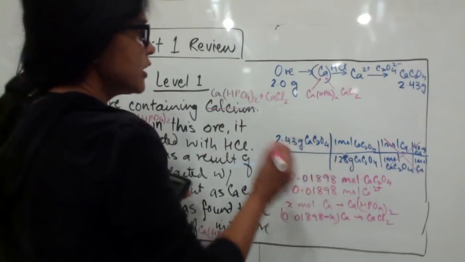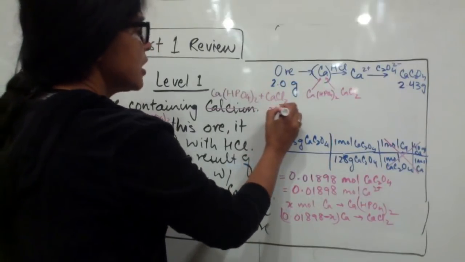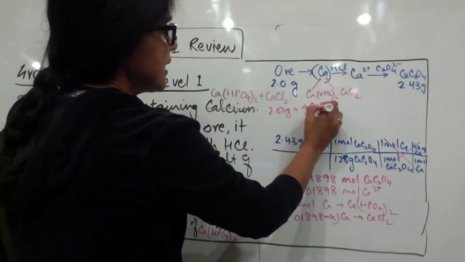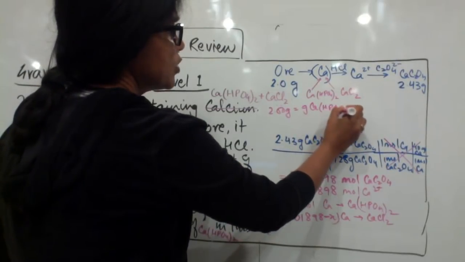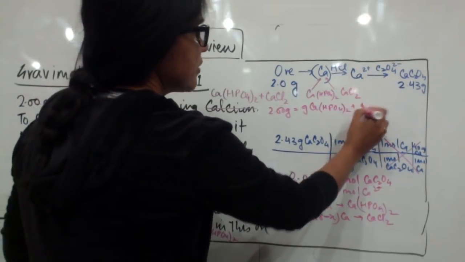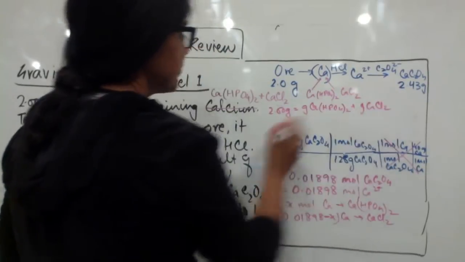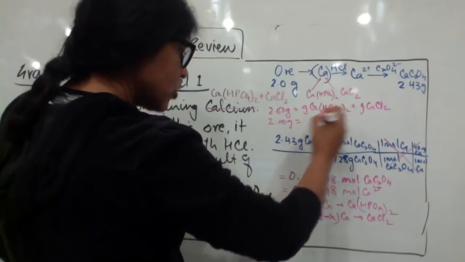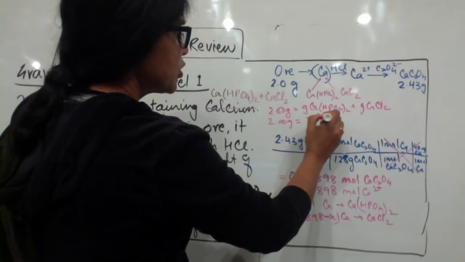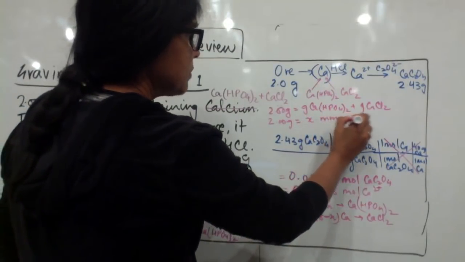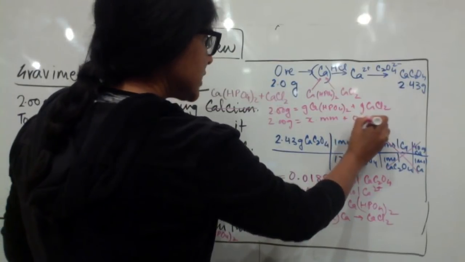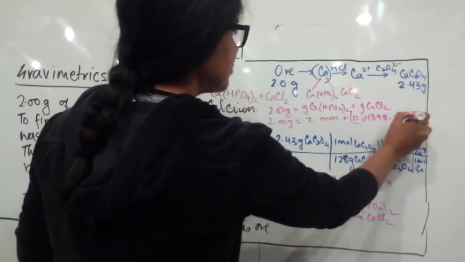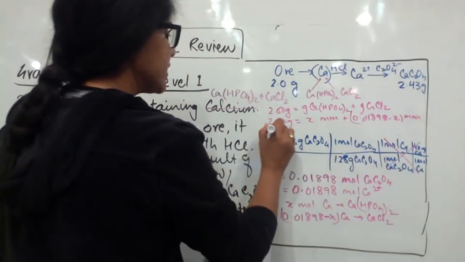Now we know the total mass, which is 2 grams, is grams of CaHPO4 twice plus grams of CaCl2. So 2 grams is equal to X moles of CaHPO4 twice times its molar mass plus 0.01898 minus X times molar mass of calcium chloride.